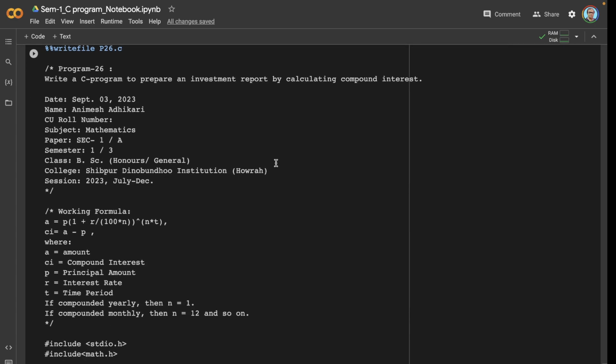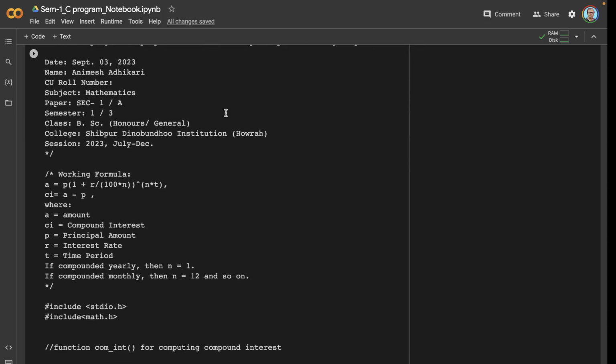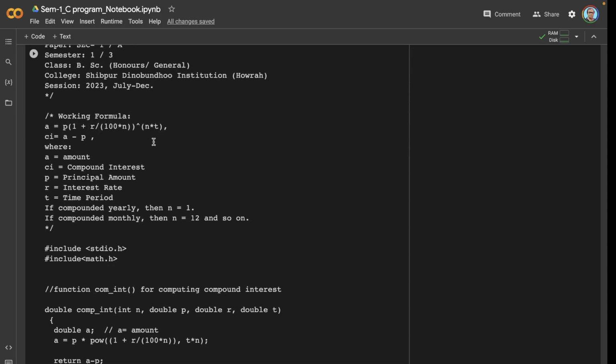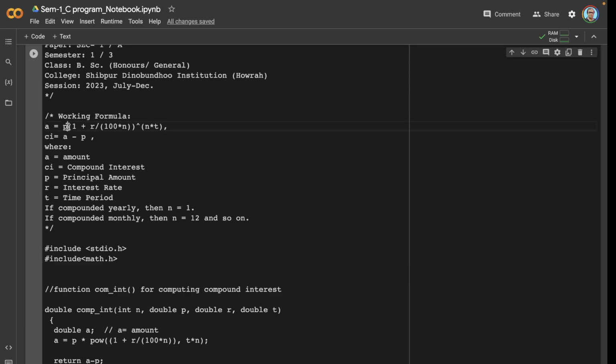Last problem 26. Write a C program to prepare the investment report by calculating compound interest. So here compound interest, the formula is the amount equals to principal value into 1 plus r by 100, the whole to the power n times t, so this is p star this whole to the power this, or function of this and this.